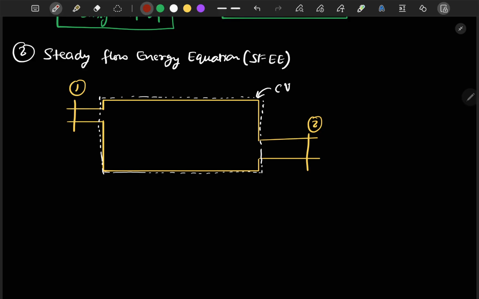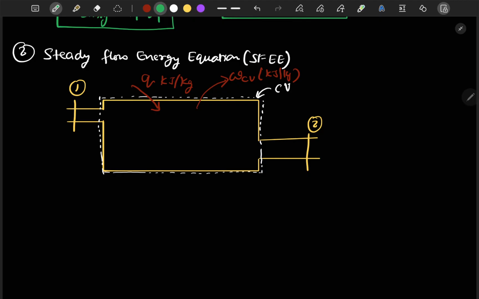Now let's say that Q amount of heat is supplied to the system, Q kilojoule per kg, and let's say the system produces W amount of work, W or WCV, also in kilojoule per kg.